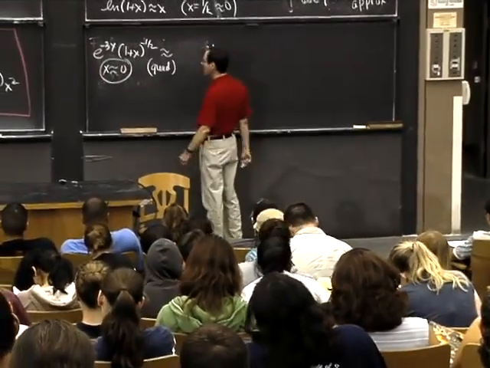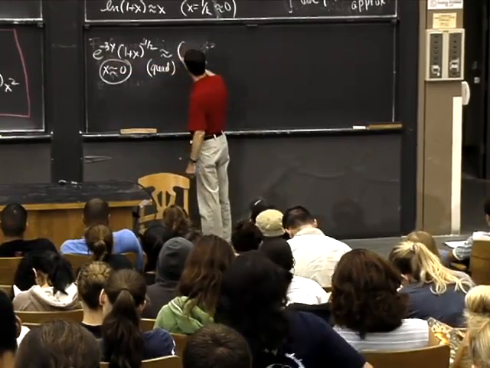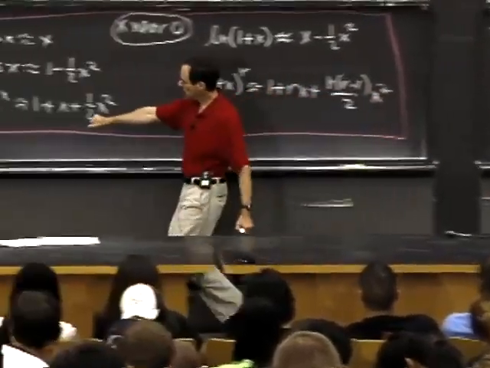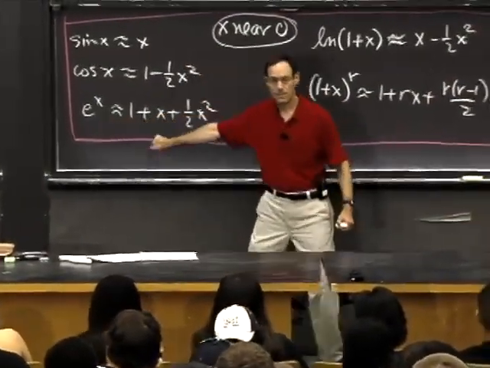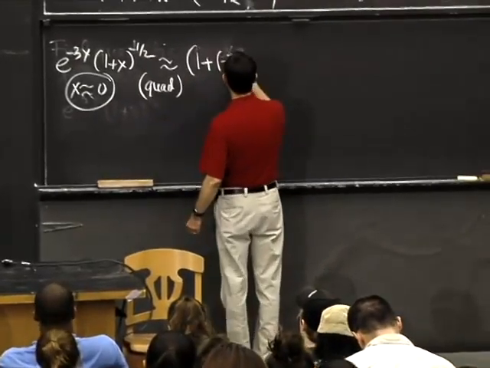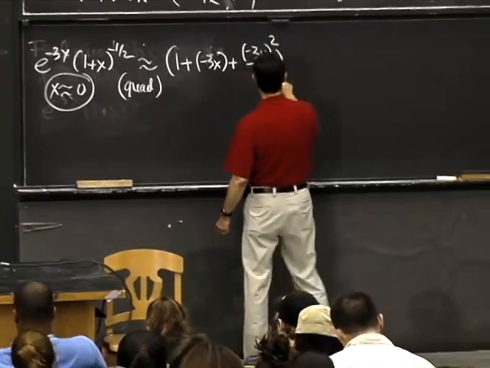So now, here's what I have to do. I have to write in the quadratic approximation for e to the minus 3x, and I'm going to use this formula right here. And so that's 1 plus minus 3x plus minus 3x, the quantity squared, over 2.